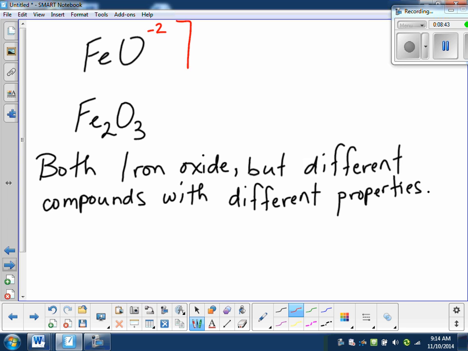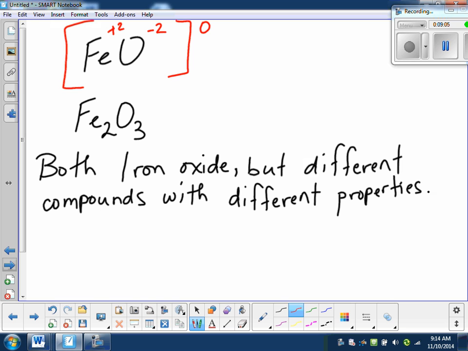Because overall, this thing has a charge of 0. So if oxygen is -2, what must be the one iron atom? What must its charge be? Simon? +2. Because when we combine these charges, it must always equal 0.